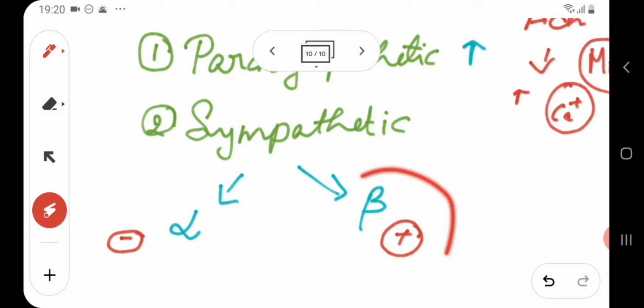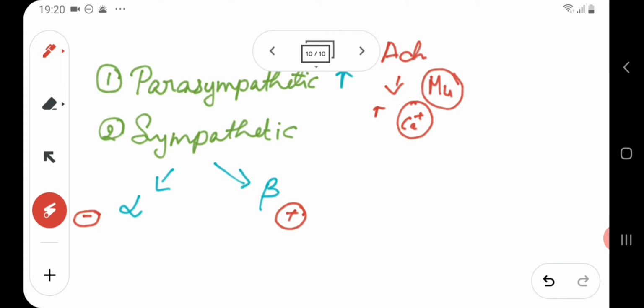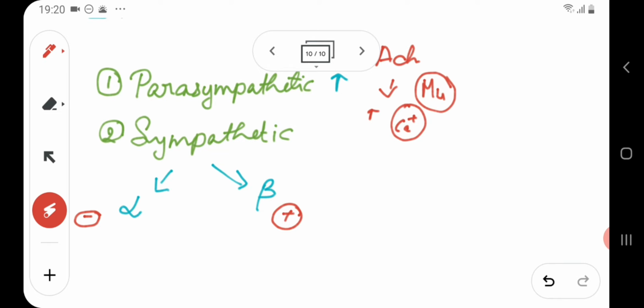So the parasympathetic nervous system increases the insulin secretion, and the sympathetic nervous system, if mediated through alpha activation, causes inhibition, and if the beta receptor is activated, then there is facilitation.